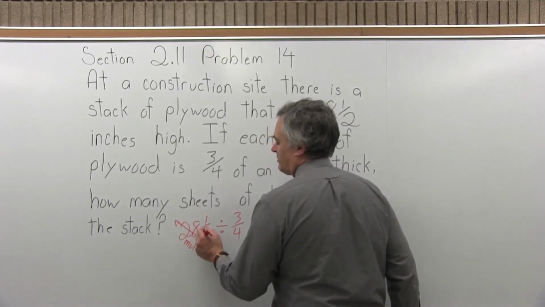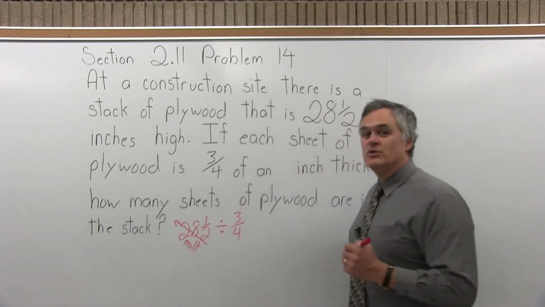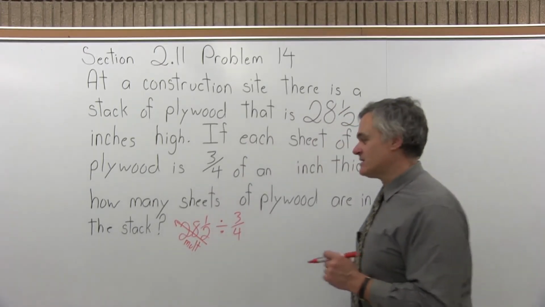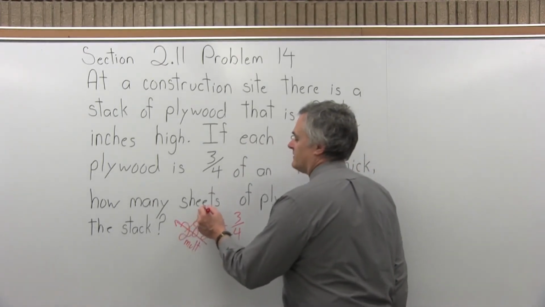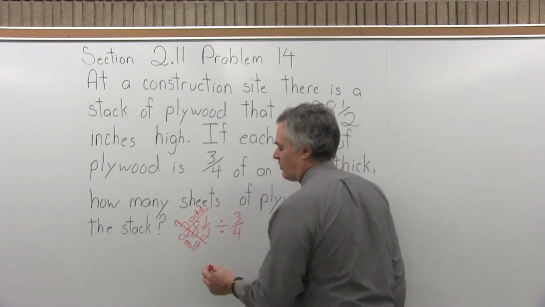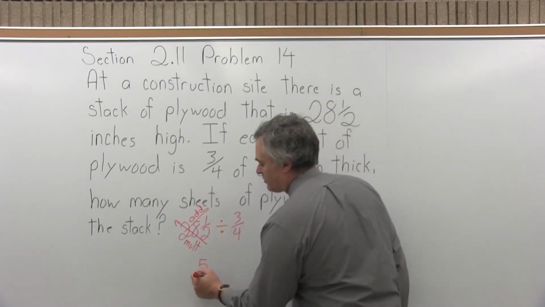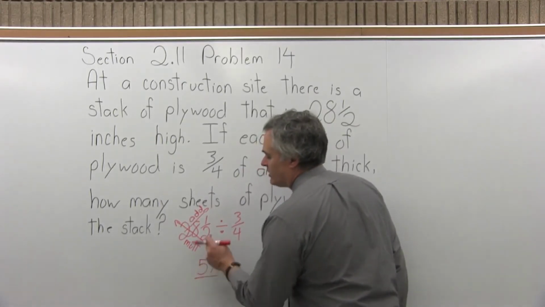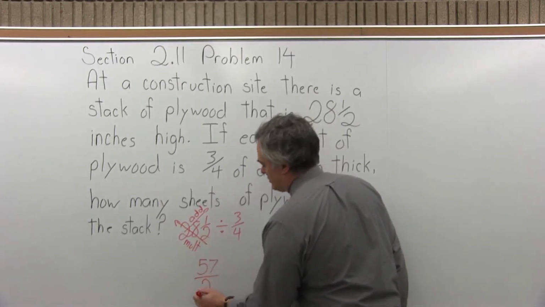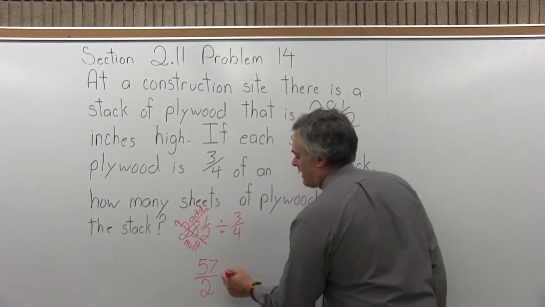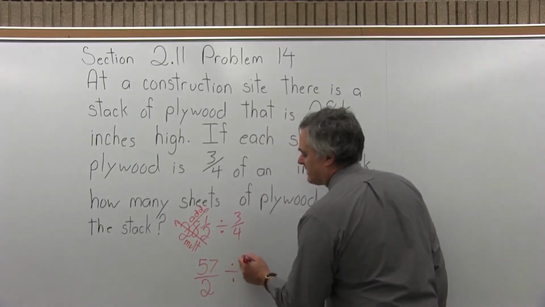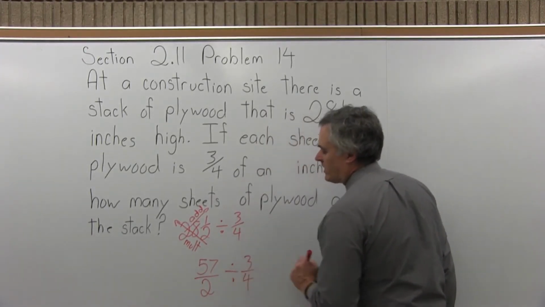So I'm going to be multiplying 2 times 28. 2 times 28 is 56. I'll take that result of 56 and add to the numerator 56 plus 1 more. 56 plus 1 more is 57. The denominator stays the same. It was 2, it just stays 2. So now I've rewritten the problem as 57 halves divided by 3/4.